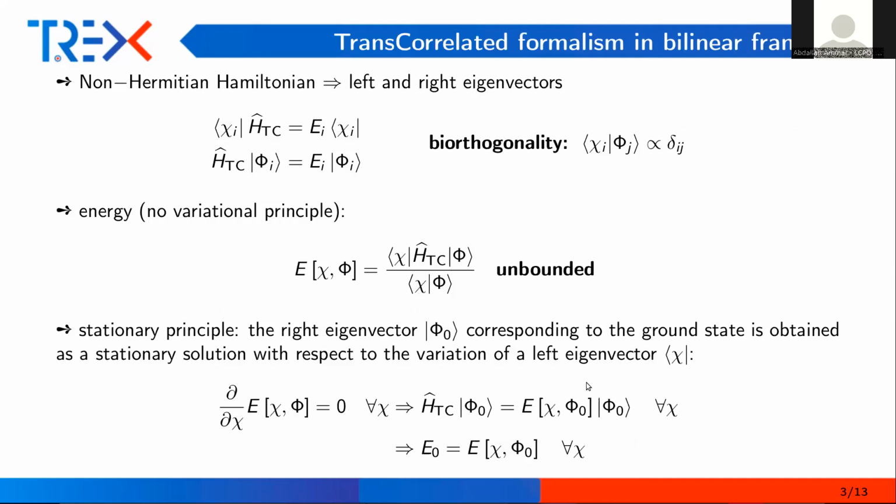For H_TC, left and right eigenvectors are different due to the non-Hermitian term in the two-body operator, and the right eigenvectors do not constitute an orthogonal basis. However, left and right eigenvectors together constitute a bi-orthogonal basis.